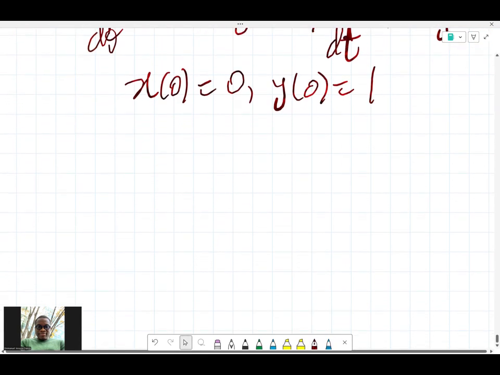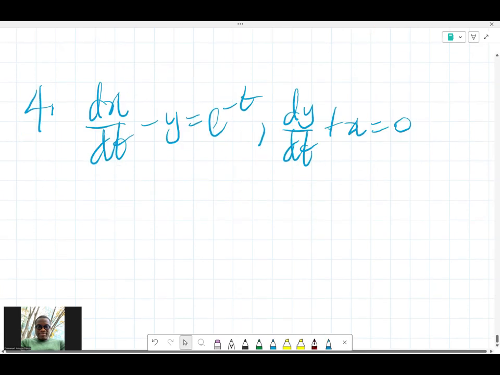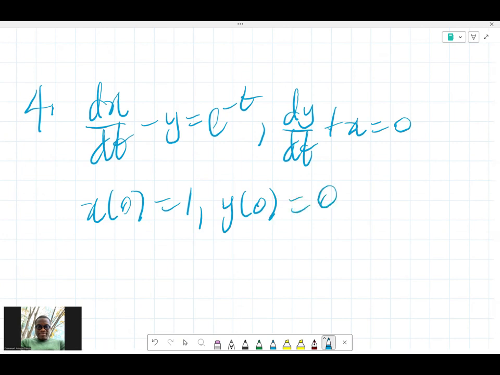Number 4: dx/dt minus y equals e raised to minus t, dy/dt plus x equals 0, so x of 0 is 1 and y of 0 is 0.